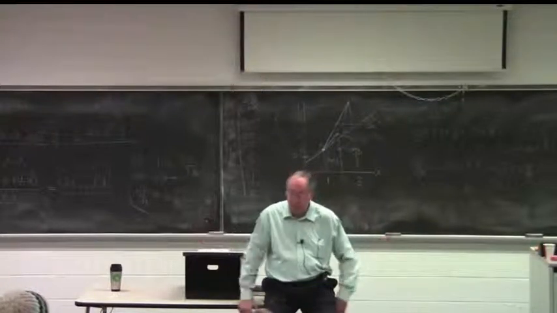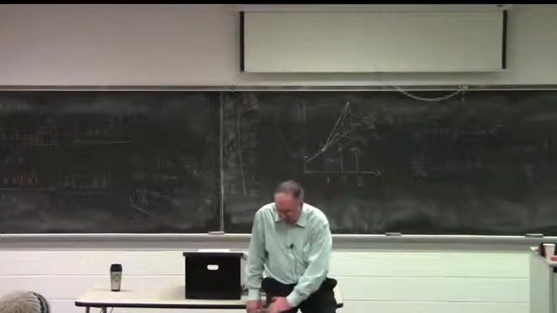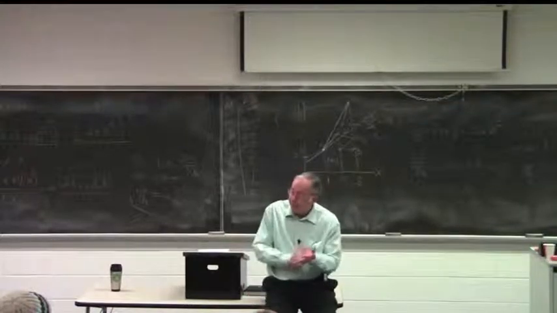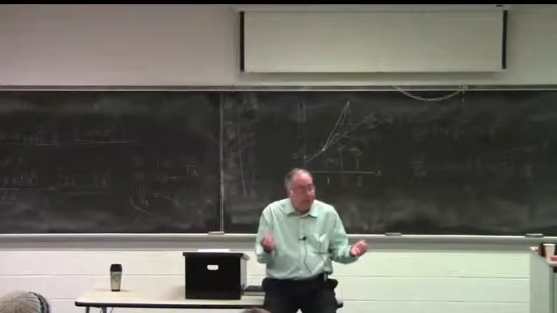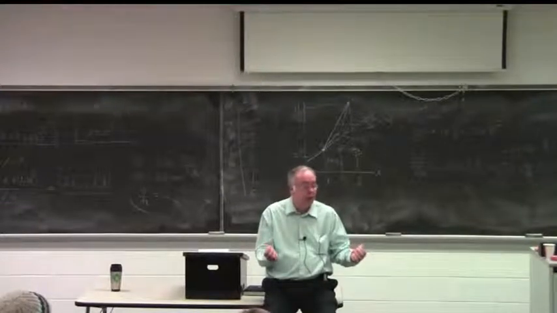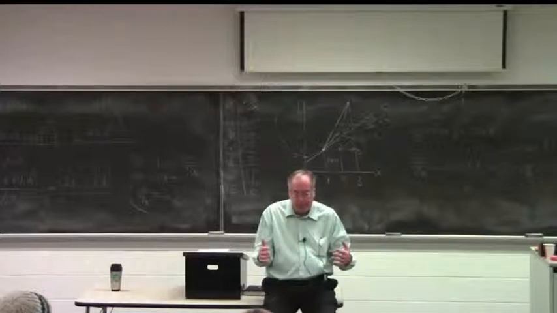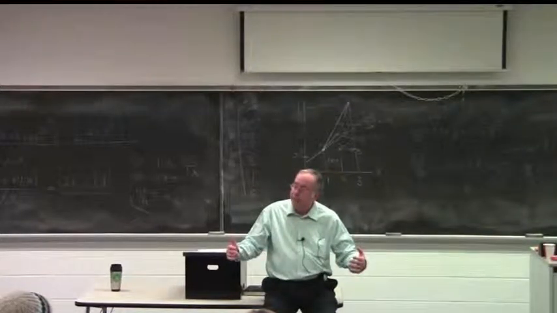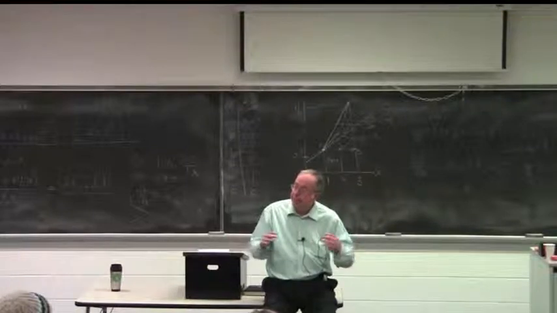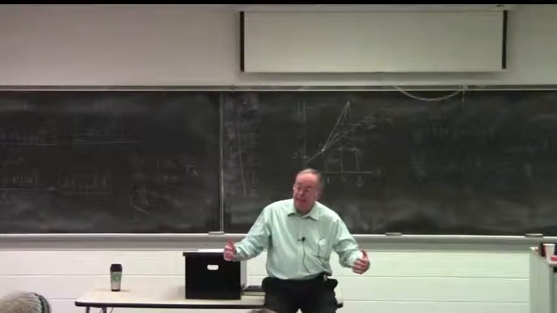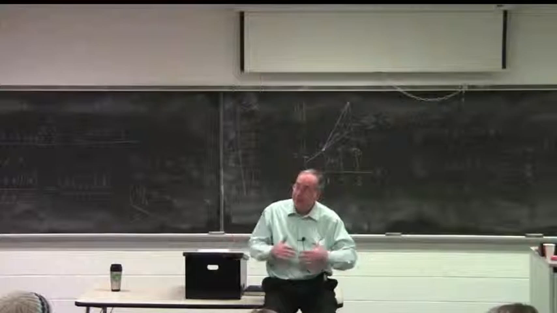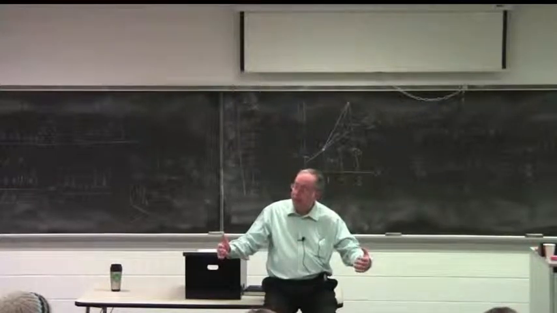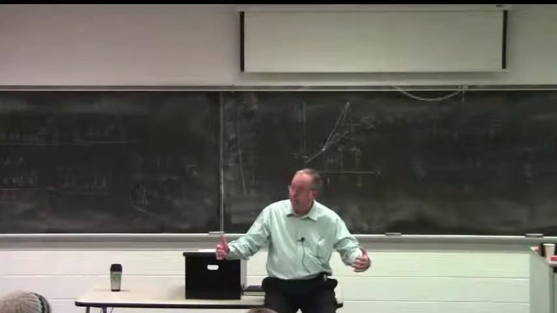Distance traveled divided by half an hour. But suppose you let the time elapsed get shorter and shorter and shorter. You measure the average speed over the last minute, the average speed over the last 10 seconds, the average speed over the last second, the average speed traveled over the last half a second.